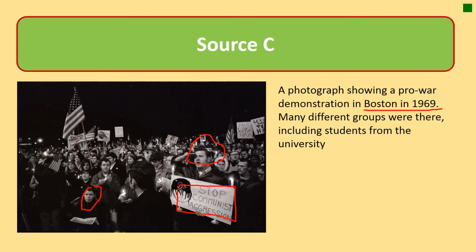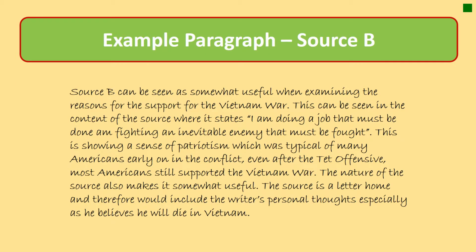So with regards to this then, the next focus is going to be looking at this example paragraph. I'm just going to rate it. It says source B can be seen as somewhat useful when examining the reasons for the support for the Vietnam War. This can be seen in the content of the source, where it states, "I'm doing a job that must be done and fighting an inevitable enemy that must be fought."